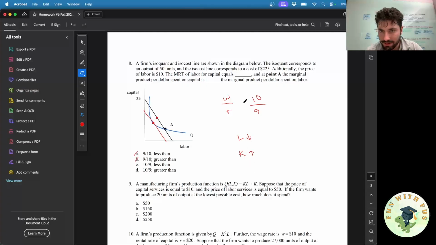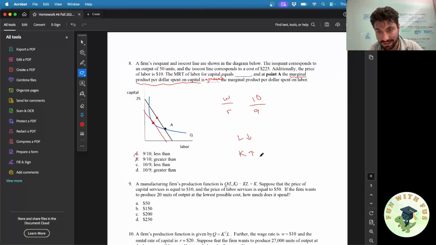And I believe that would correspond to a situation where the marginal product per dollar spent on capital, you know what this term means? That means the bang per buck. The bang per buck of capital is greater than the other. And how I just determined that was because I wanted more capital.